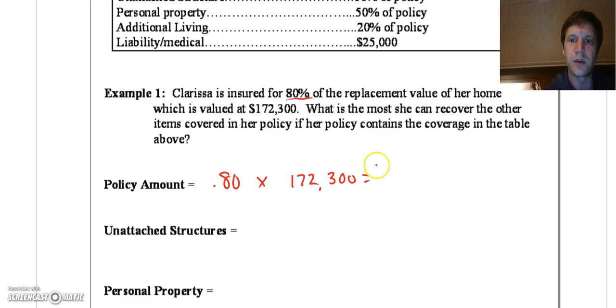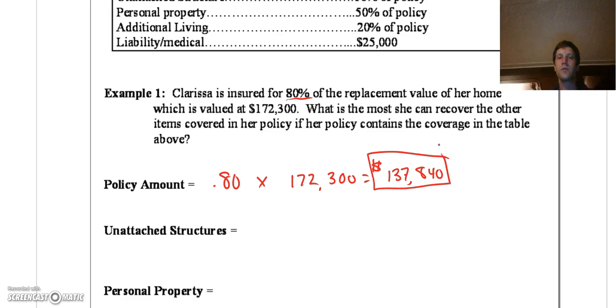And that comes out to be 137,840. So if Clarissa's house was completely destroyed, she would not get the full value. She would get $137,000, or $137,840.